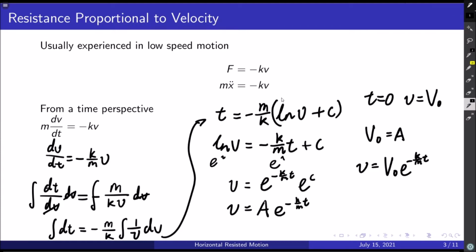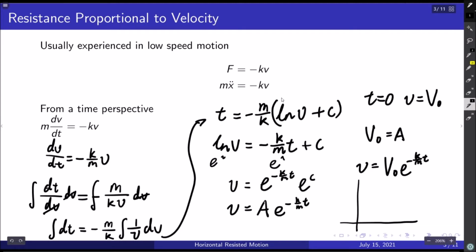So what does this show us? It means that it starts with the initial velocity when t is 0. As time passes, as t gets bigger and bigger, the exponent becomes more and more negative. So it's basically a case of exponential decay.